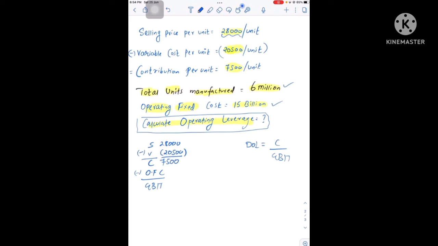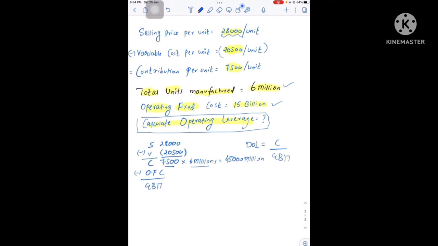When you multiply this 7,500 with 6 million, because total units manufactured by the firm are 6 million, 7,500 into 6 million will be 45,000 million.